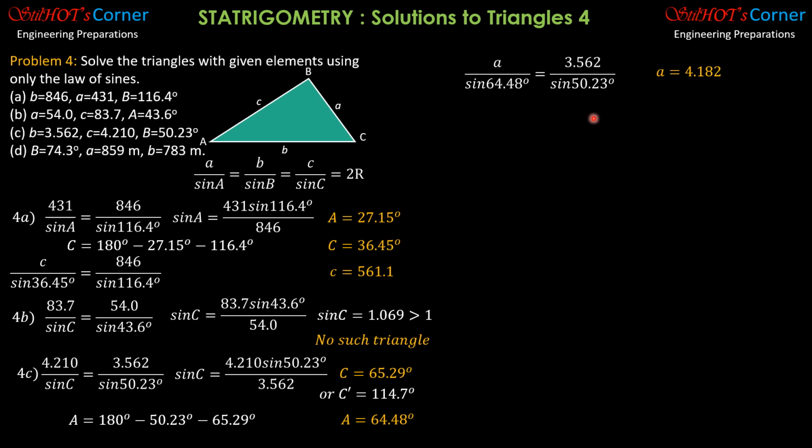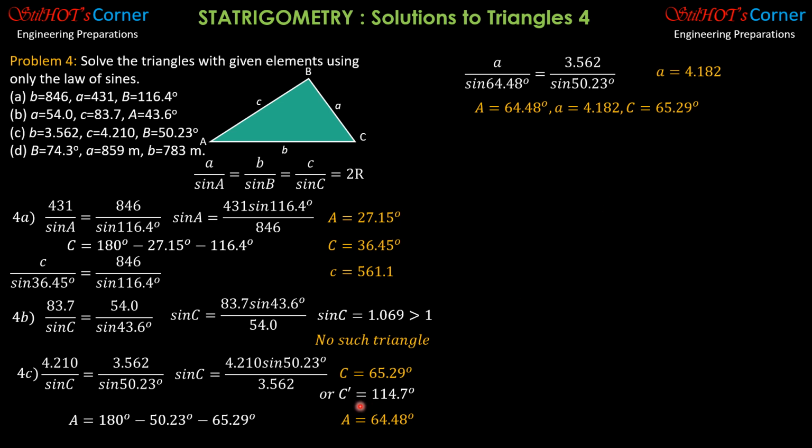So side A is 4.182 units. Having found side A, we can now complete the solution to the first possible triangle: angle A is 64.48 degrees, side A is 4.182, and angle C is 65.29 degrees.